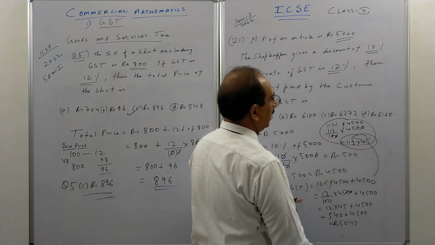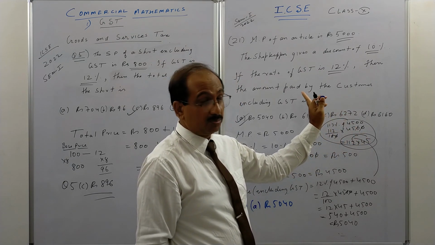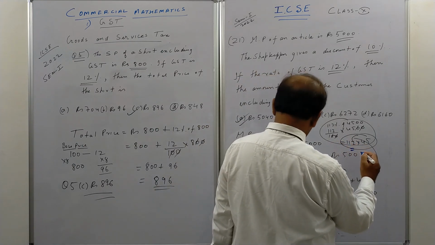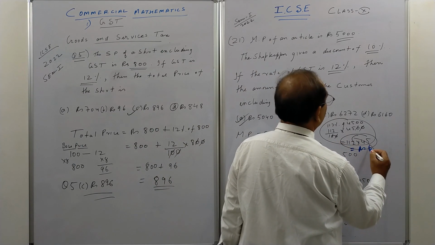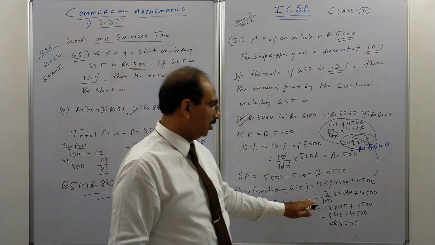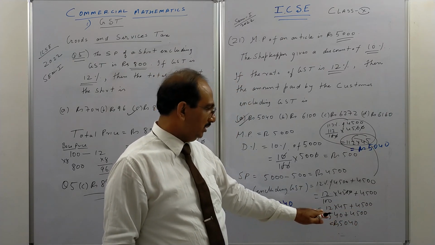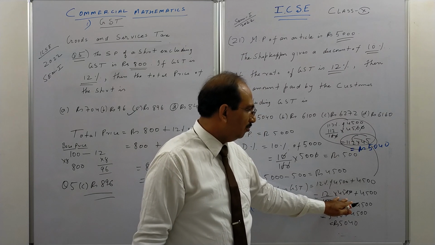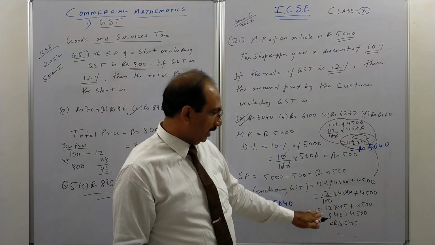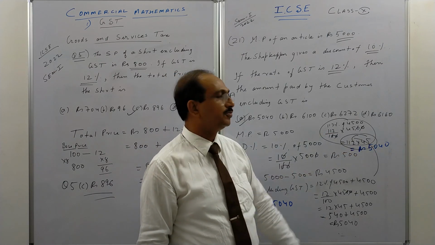Here also if you do directly, children, but remember after discount, I told you in my first part, first you find discount then GST. So here also if you multiply, you will get rupees 5040. 112 into 45 you can check, or you can find 12%. So if they want the price after GST directly, here we have found GST plus the base price, but if you directly want the final price, we can take 112% of 4500.